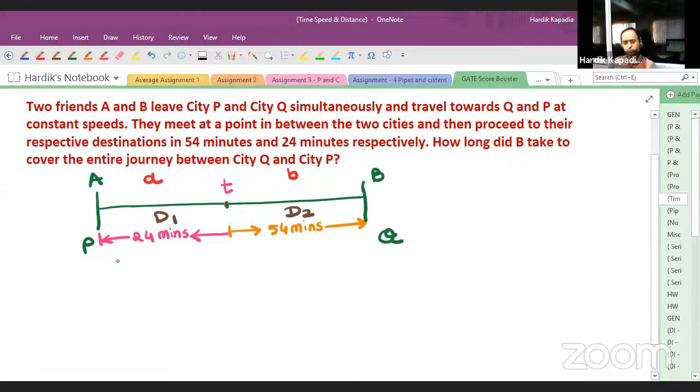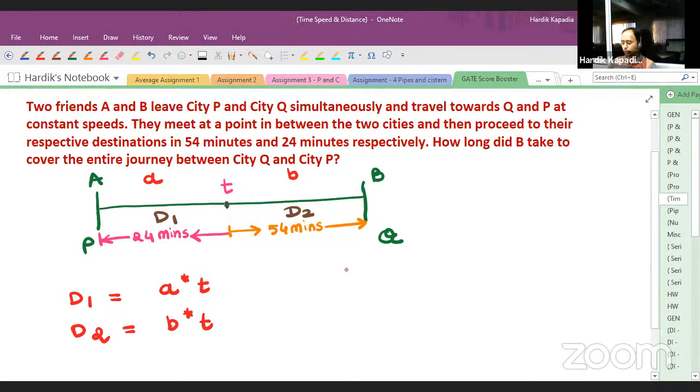So now we can say distance D1 is equal to a into T and distance D2 is equal to b into T. Speed equal to distance upon time, distance equal to speed into time. So for covered distance D1 in T time, the speed is small a.